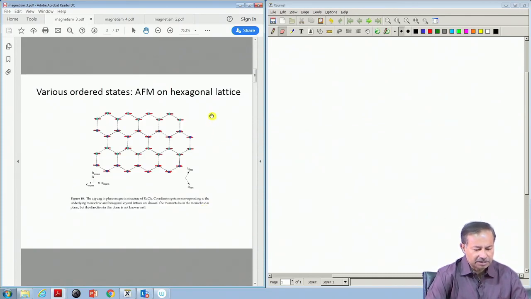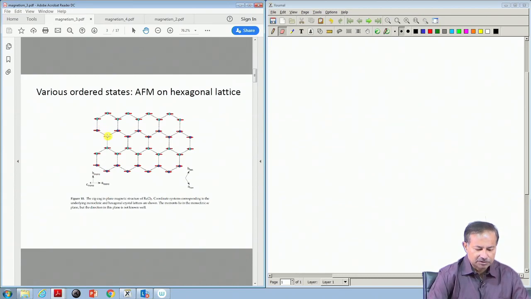This is another example of an antiferromagnetic state on a hexagonal lattice, and look at this antiferromagnet. It is not that all nearest neighbors of a particular spin are in the opposite direction. There is a row where all spins are aligned in the same direction.